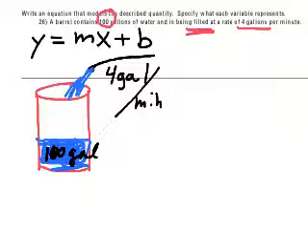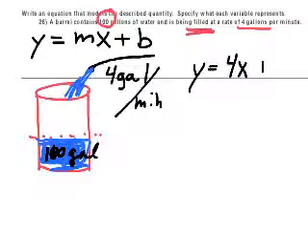The equation is all about what happens after this point here. So we put y equals, our m is our 4, and our initial amount is 100, and it's positive 4 because it's filling, right?